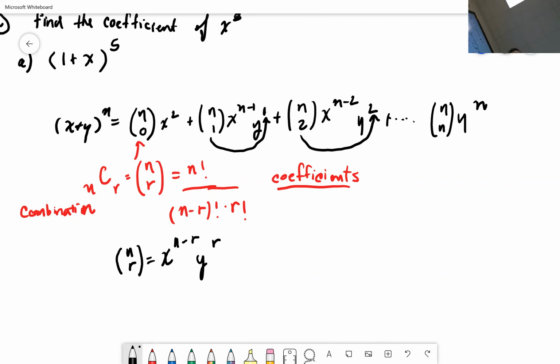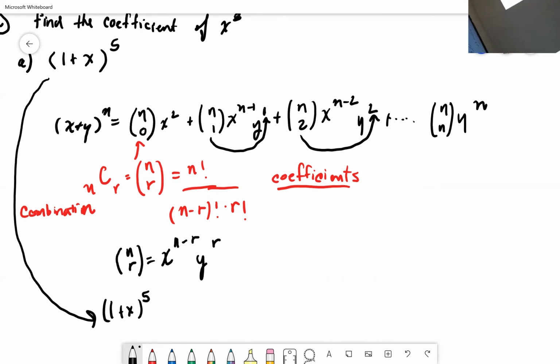Now if you look at the original question here, I'll slide it down here, you have 1 plus x to the 5th. So the y is kind of like the x here. If I want the third power here, I know n is 5, and I know I want a 3 here.